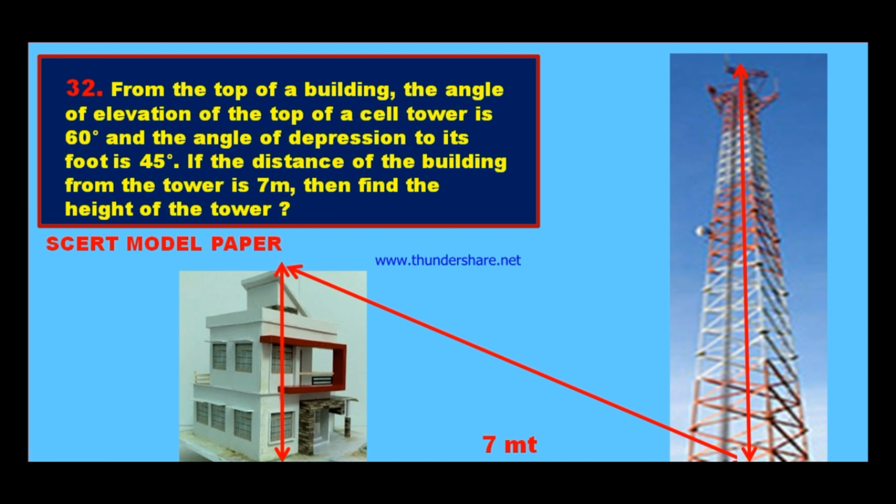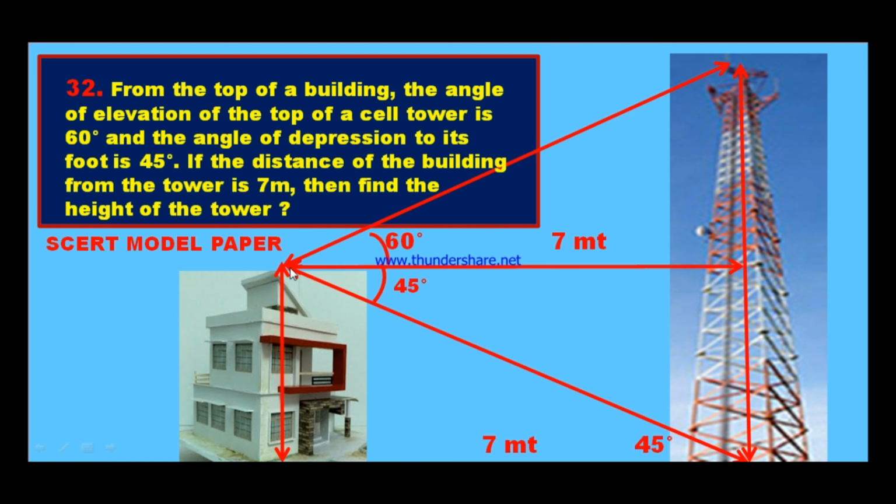It is given that from the top of the building, the angle of elevation of the top of the tower is 60 degrees, and from the same point, the bottom of the cell tower is seen at an angle of depression 45 degrees. The distance between the building and the tower is 7 meters. Then we have to find the height of the tower. This height is to be found.